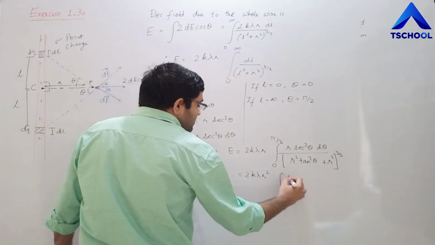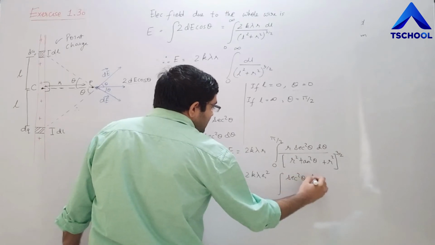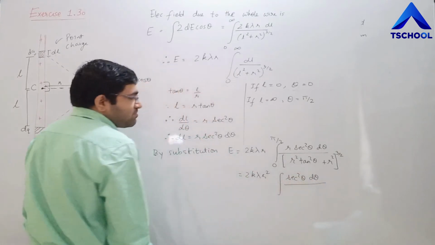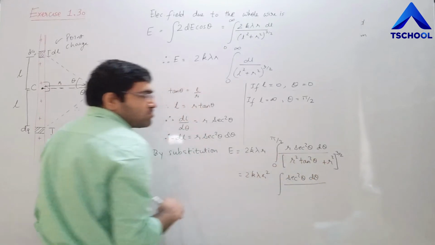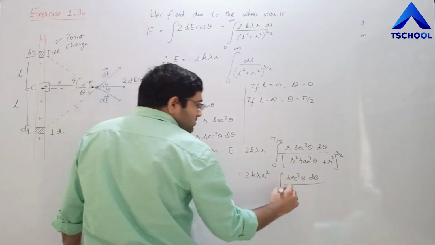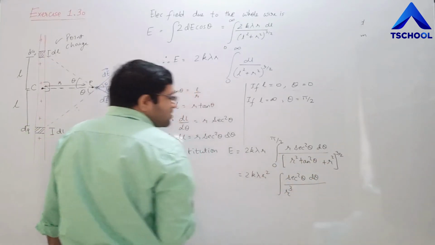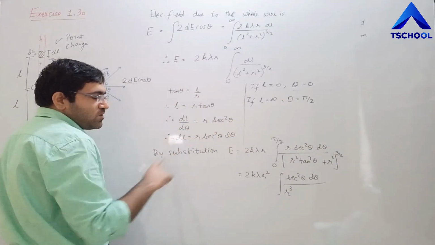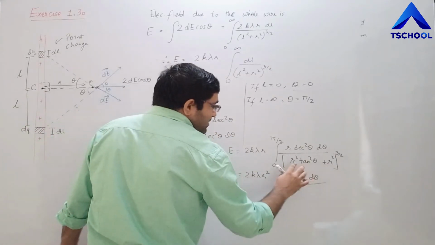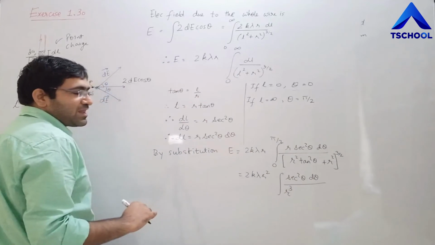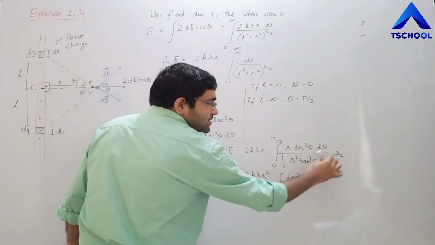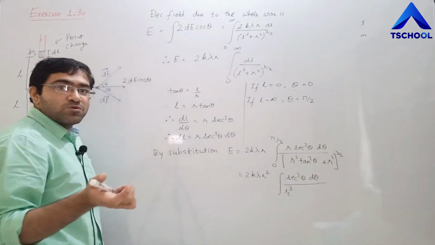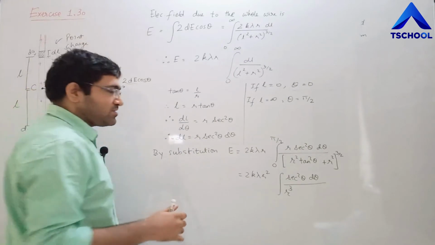I can't do anything with the sec square theta for the moment, I leave it like that, divided by, over here r square is common, and when I take it out, it's going to be r cube because of the power 3 by 2. Not only that, once I take r square common, I'll have tan square theta plus 1, and I'm sure you know tan square theta plus 1 is sec square theta.